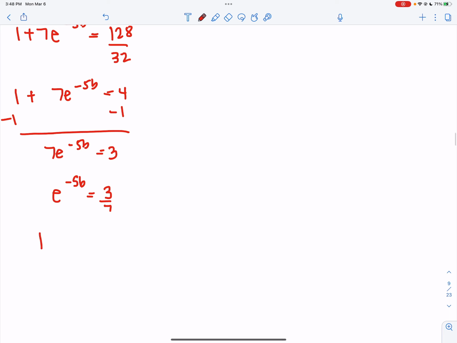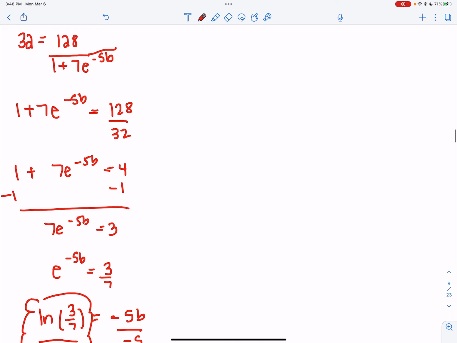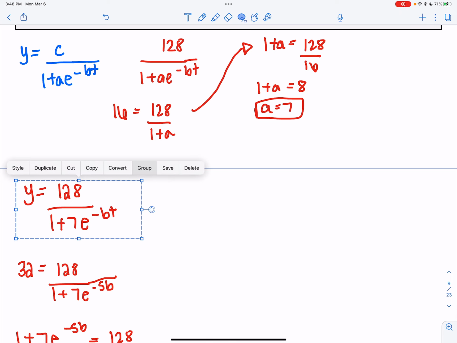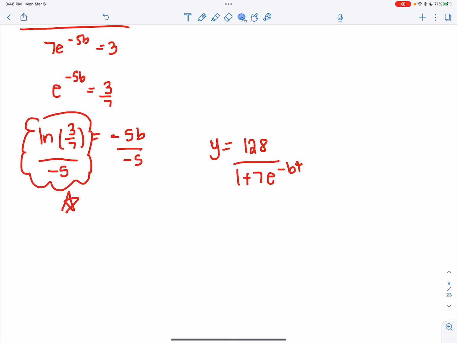I'm going to take the ln of both sides, so that I have ln of 3/7 is equal to negative 5b. Then I'm going to divide by negative 5. So this right here is my b value, meaning that my final answer is 128 over 1 plus 7e to the negative (ln of 3/7 over 5) times t.